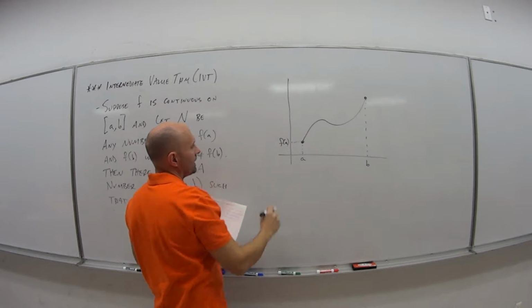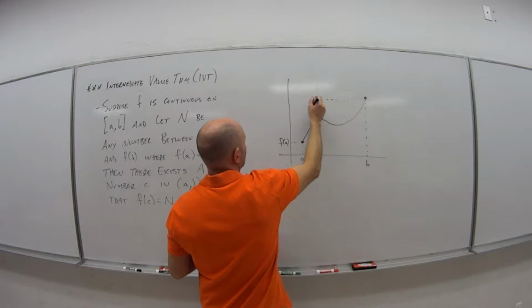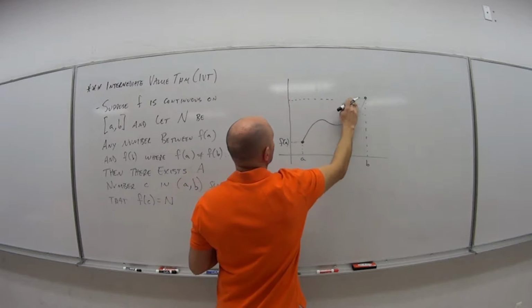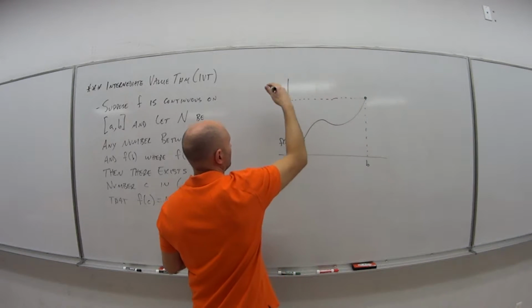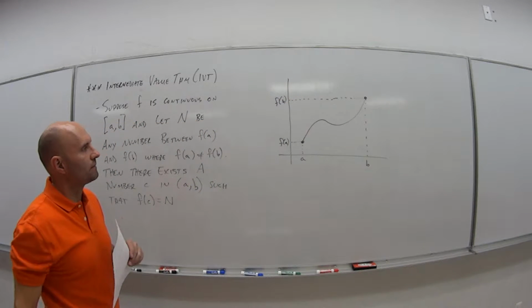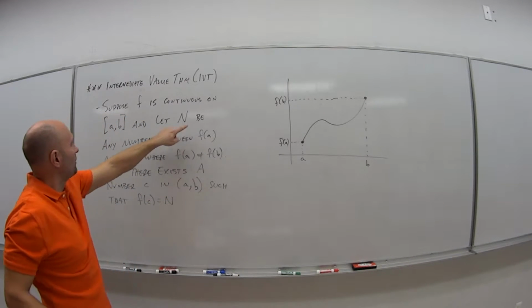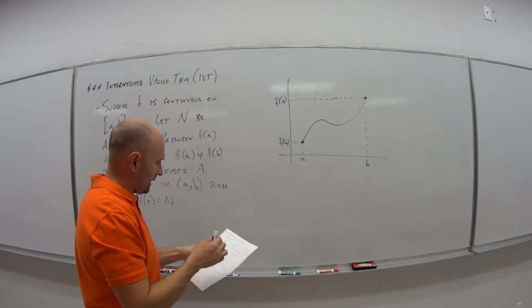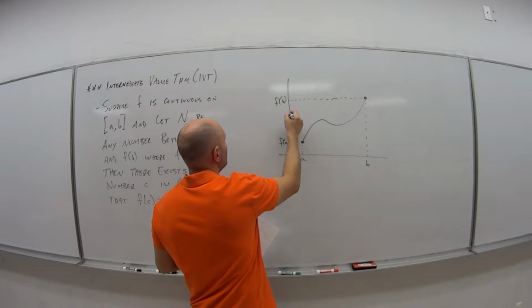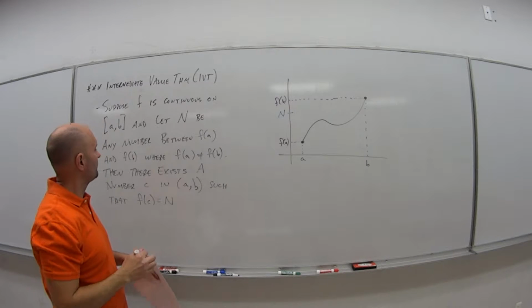This is f of A. And similarly, if I come back to the y-axis from the top point, that's my f of B. So now, if I pick some number N between f of A and f of B, let's just call it some point there, N.